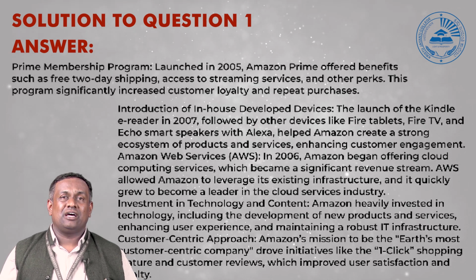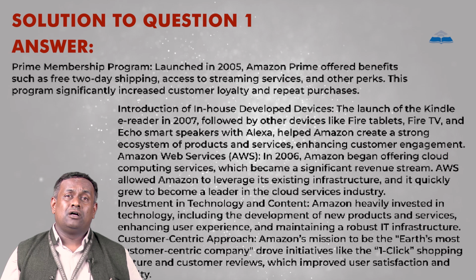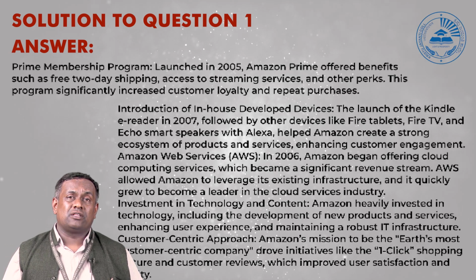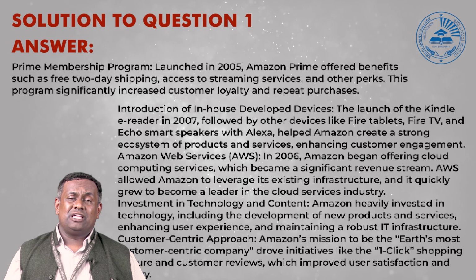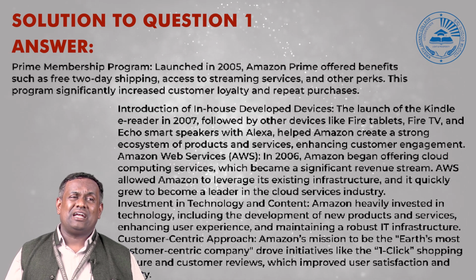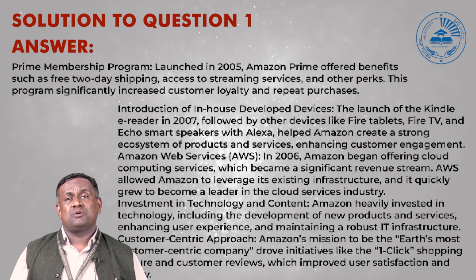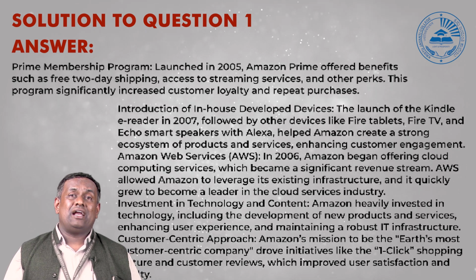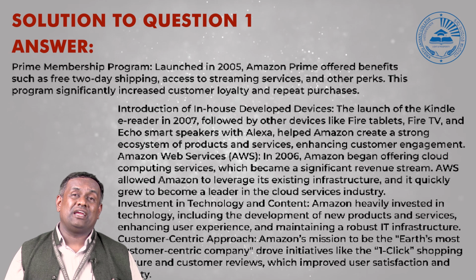Then it started web services. Amazon Web Services, one of the premier offerings for the market, launched in 2006. Then investment in technology and content: it started creating technology for the customers, and created value for the entire shareholder base.